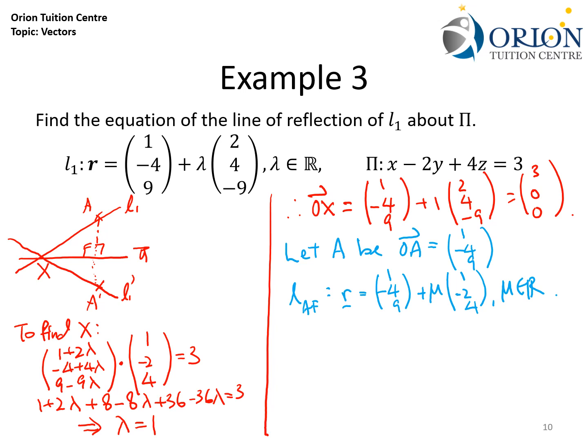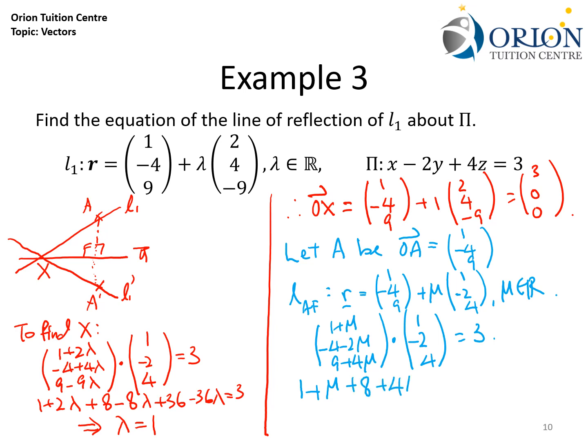Therefore, I'm going to do a simultaneous equation again. (1 plus mu, -4 minus 2 mu, 9 plus 4 mu) dot with (1, -2, 4) is going to be equal to 3. And on expanding, I will get 1 plus mu plus 8 plus 4 mu plus 36 plus 16 mu equals 3, which gives me mu equals -2. And therefore, I know that OF will be equal to (-1, 0, 1).